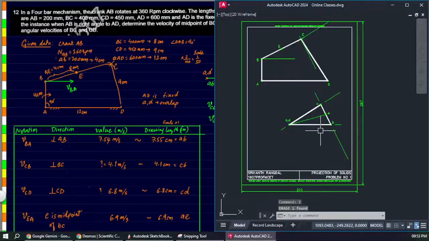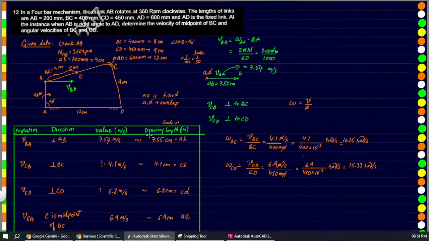By making measurements and doing the calculations, we will be able to get the final diagram. So now let's go ahead and do a slightly more difficult problem, because now we will be taking up a problem which involves calculation of acceleration also.